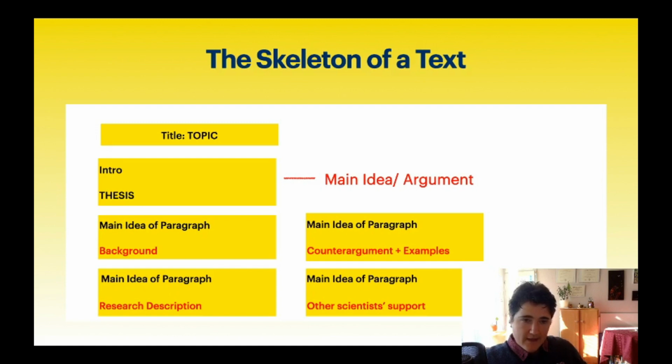And then afterwards, the following paragraph can give us an exact description of this particular groundbreaking research, and why it is groundbreaking, and what are the new things that it is uncovering.